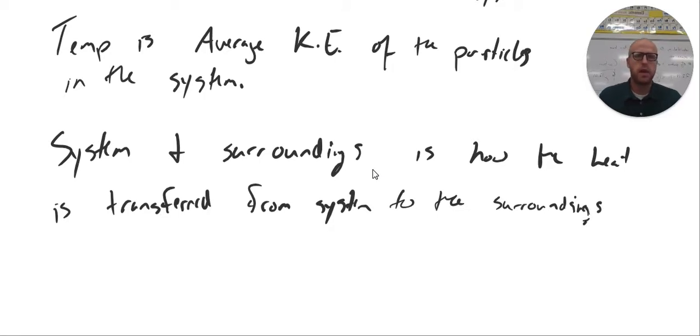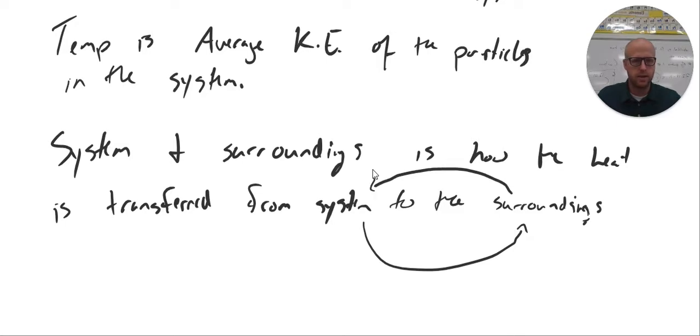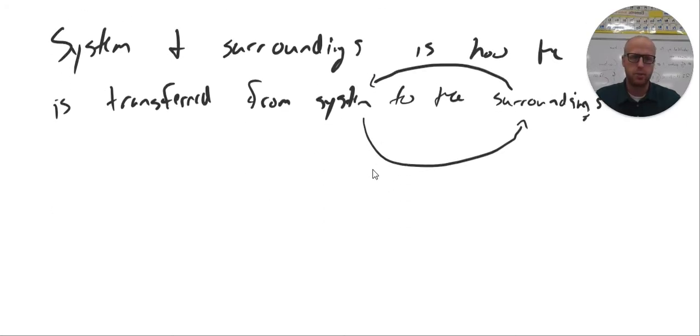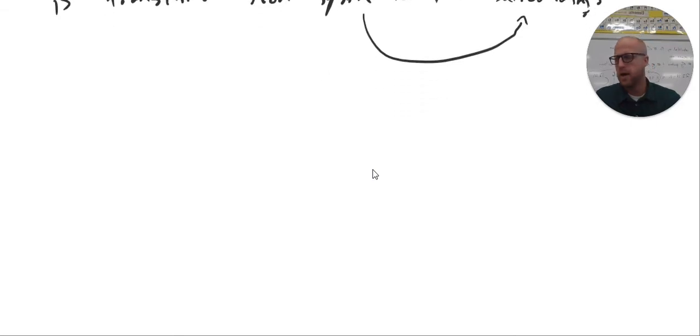Sometimes the energy is transferred from the system to the surroundings, and sometimes it's transferred from the surroundings back into the system. That's the interaction we're going to be looking at. Most of the time the system is just the chemical reaction we're dealing with, and the surroundings are everything else.